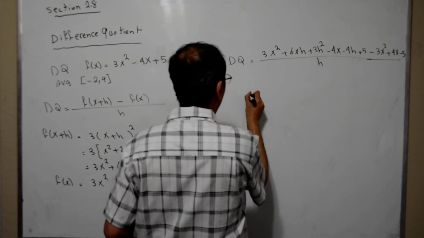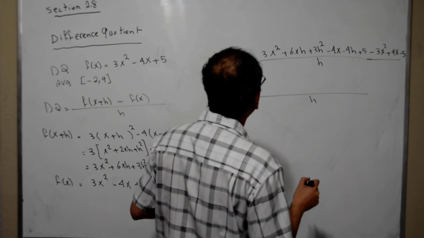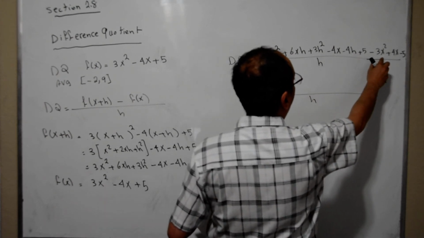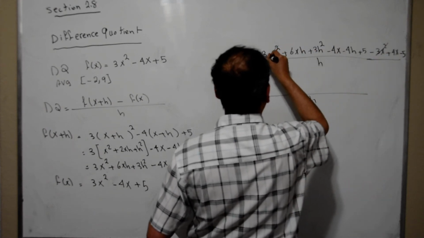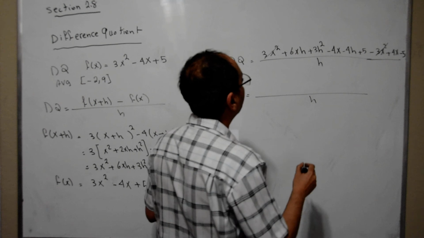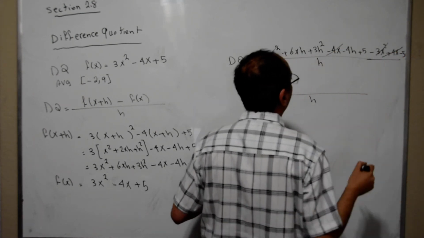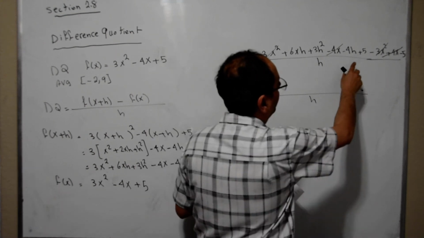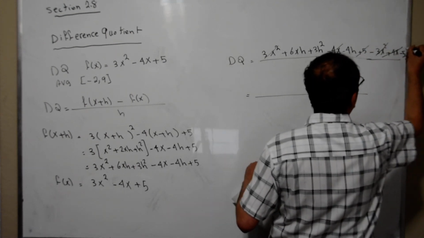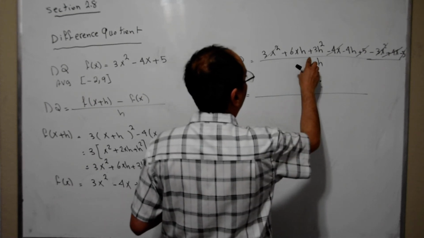Very long one. So let's simplify that. 3x squared and negative 3x squared cancel out. And I have 4x and negative 4x, cancelled out. I have 5 and negative 5, cancelled out. So now how many terms are left? I have 1, 2, 3.